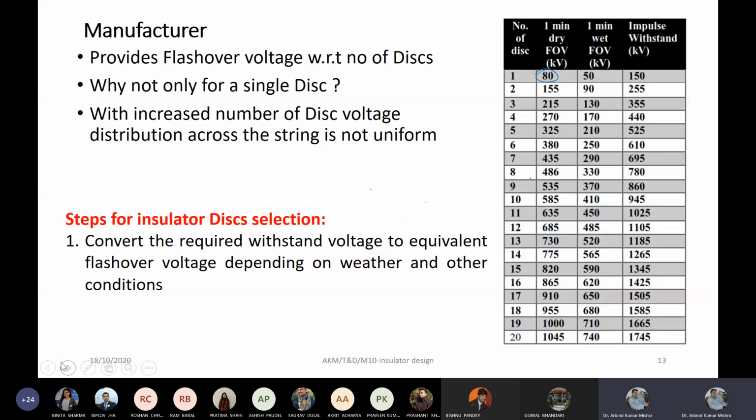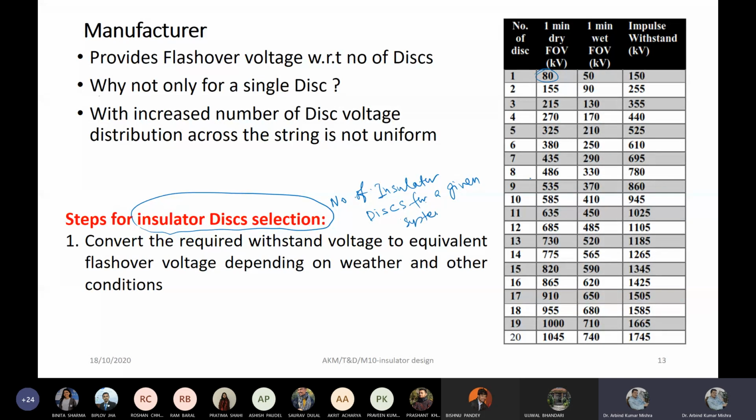In the very first class on insulator design itself, I mentioned that our main job in insulator design is to compute the number of insulator disks required for a given system voltage.